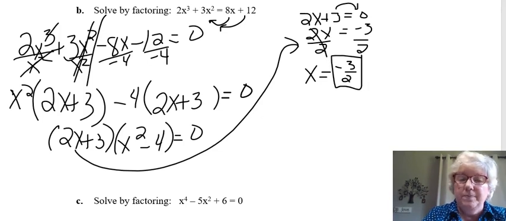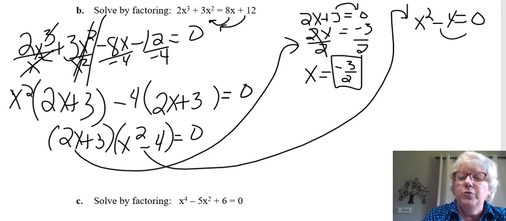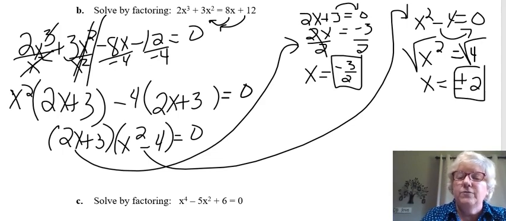That's one answer. Now I'll take my second factor. X squared minus 4 equals 0. I'll move over the 4, it becomes positive. Then I will take the square root of both sides and I get x equals plus minus 2. That represents positive and -2.